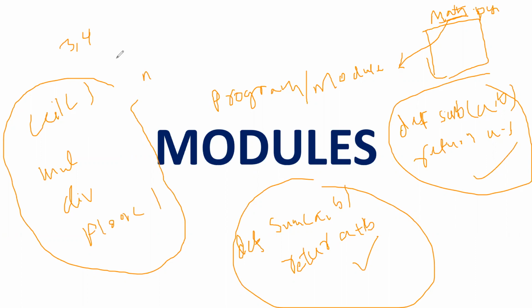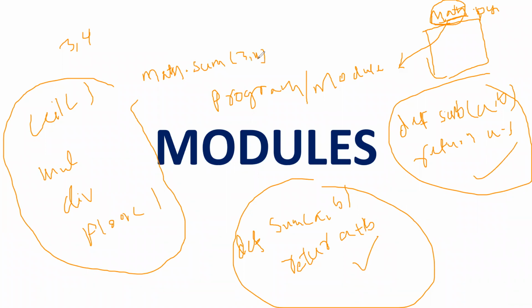Right. So if I want to add 3, 4, okay, instead of using this function again, simply what I'm going to do is, this is the module name or the program name or the code name. So I'll call math, and in that math, you need to do the mathematical operation, that is sum, and 3 comma 4.